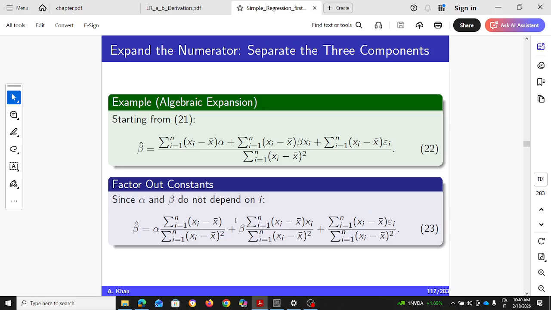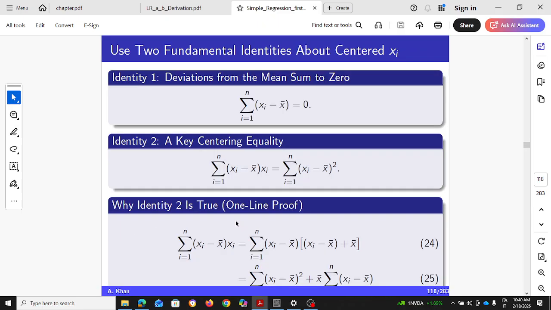Clear? Now by identity we know from yesterday that this summation is equal to 0. Then we have another identity which says that the difference between the observed value and the mean multiplied by the observed value is equal to the square of the difference between them.